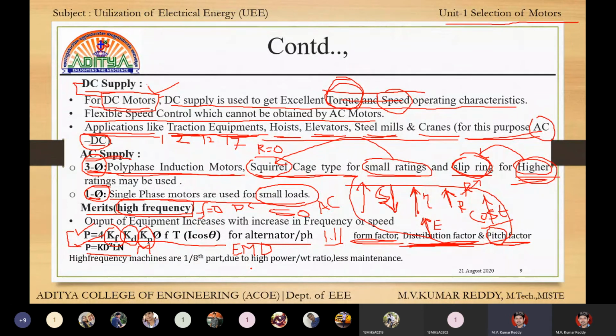You will get an idea why a motor should be of a particular size: why motors with large power have a large rating and motors with small power have a small rating. That is the design point of view. High rating motors have a large area; low rating motors have a small size. Depending upon the size of the motor, the rating will be decided.